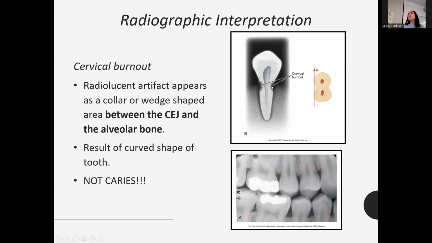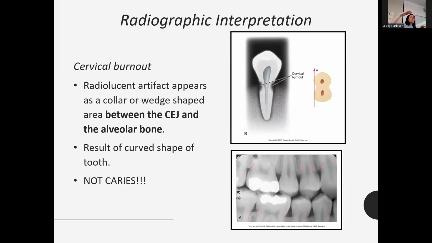So it's really good to know the morphology of the roots. Obviously, it's super important for perio, but it can also help you distinguish between what's normally present and possible root caries. So cervical burnout is the radiolucent artifact that appears in the area between the top of the alveolar crest and the CEJ.